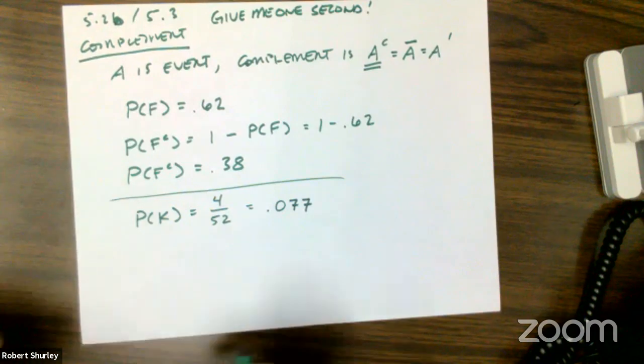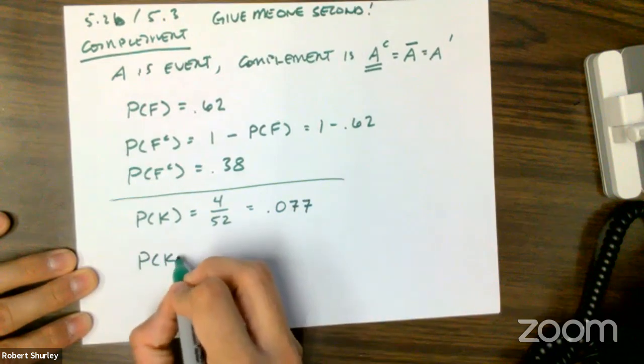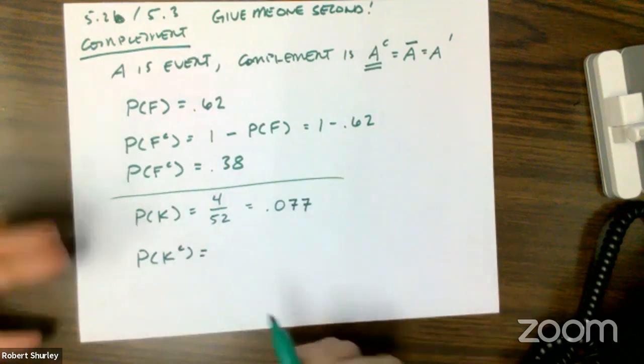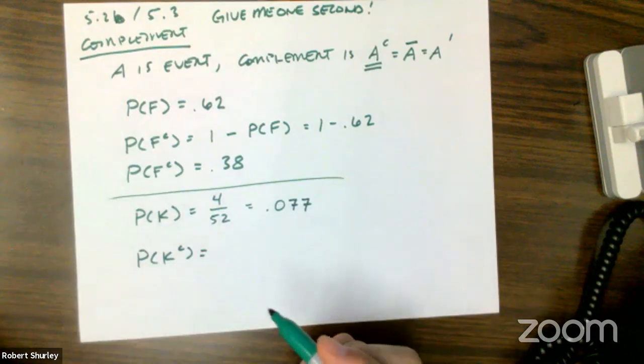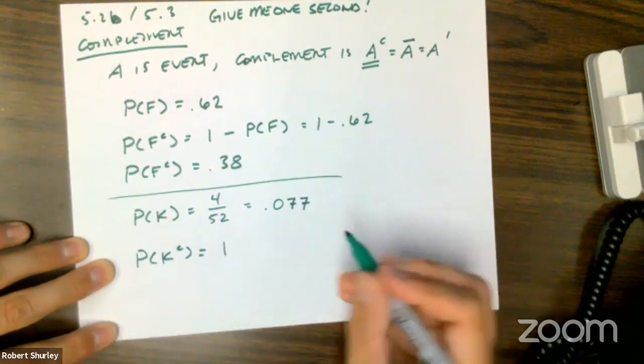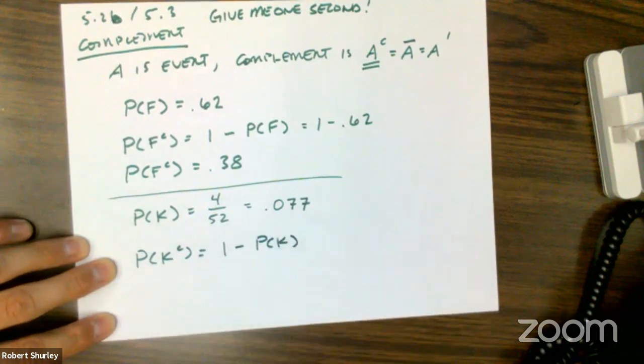But then let's say we're trying to determine the probability of not being a king, if that mattered in some game we're going to play. The probability of not being a king would be notated like this. And of course, we have a much bigger chance of drawing not a king, since it's all the other cards other than kings. Equationally, we find it as 1 minus the probability of being a king.